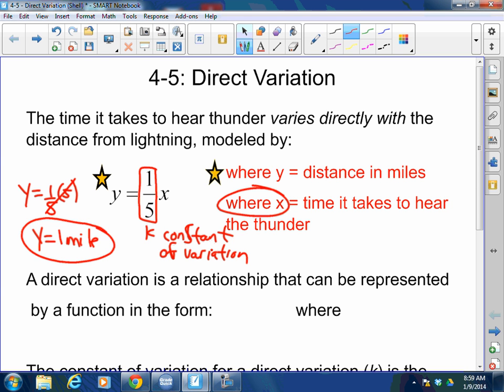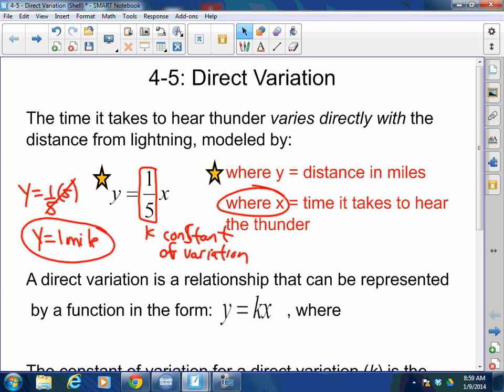Now, a direct variation is a relationship that can be represented by a function in the form y equals kx. K is your slope in this case. Notice that in a direct variation, there is nothing being added to the x or the y, nothing being subtracted from the x or the y.